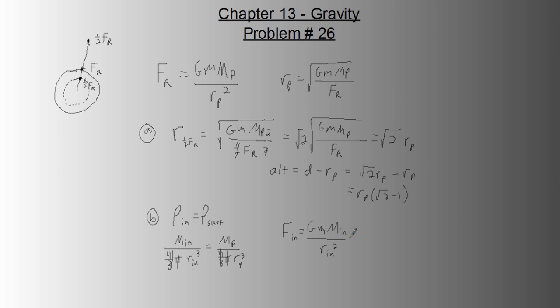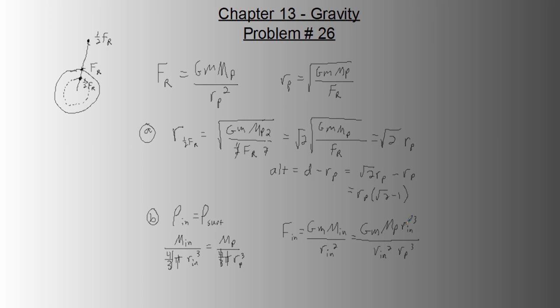Alright. Well, we can solve this for mass inside. Just bring the r inside cubed up here, and then replace that over here. So this becomes G M, mass of the planet, r in cubed over r in squared rp cubed.